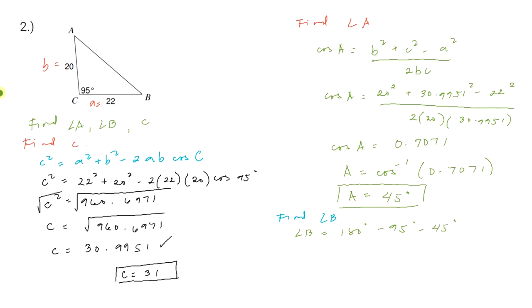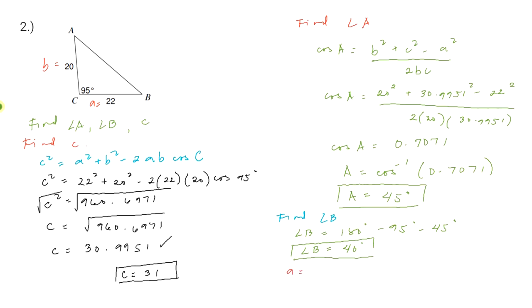Our angle B is now equal to 40 degrees. So you now have the three parts of your triangle. For the final answer, these are all the values of our triangle.